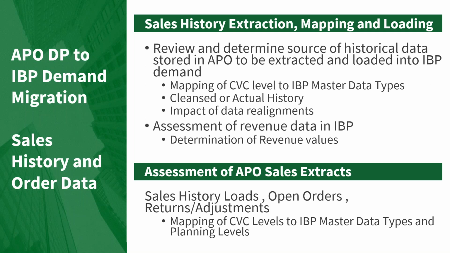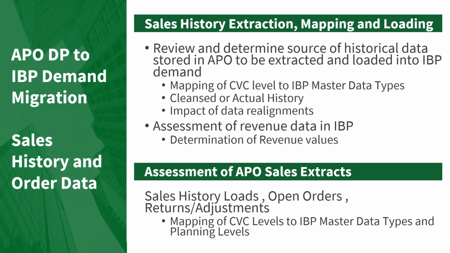And probably the critical piece is mapping the CVCs to the IBP master data types, because you could have realigned data, you could have cleansed data, you can go through and make adjustments, et cetera, et cetera. So you have a lot of pieces of information or potential changes that you're going to have to map and cleanse to get a clean signal coming into IBP.